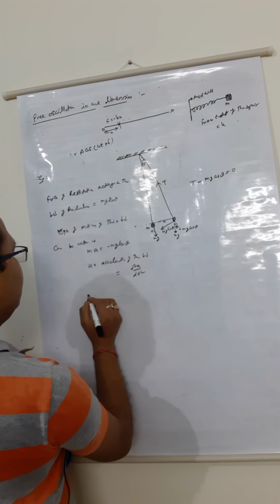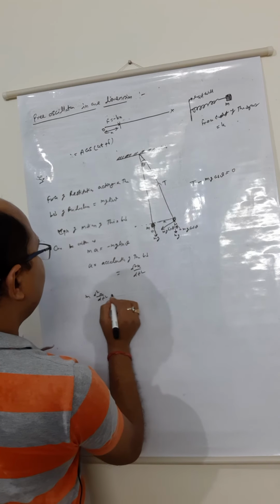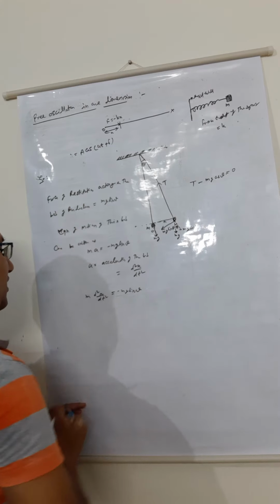We write it as m d2x upon dt2 equals minus mg sin theta.